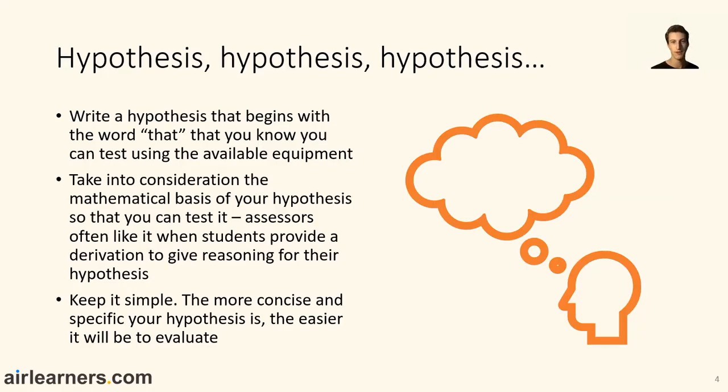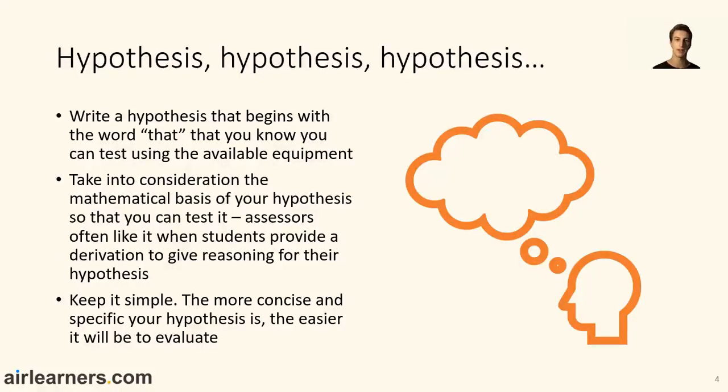So a few key things about hypotheses. You need to come up with one that contains the word that. It doesn't have to exactly begin with the word that, but it has to say something along the lines of, we predict that... So you've got to take into consideration that when you're writing it, it's not just a statement, it's a prediction. Take into account any mathematical reasoning that might be behind it.